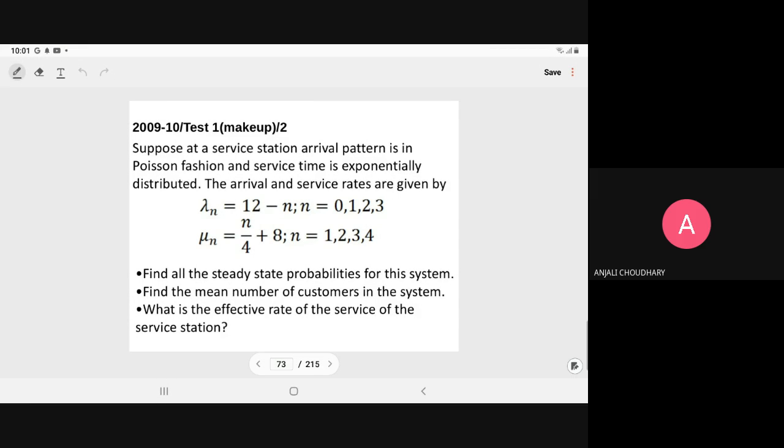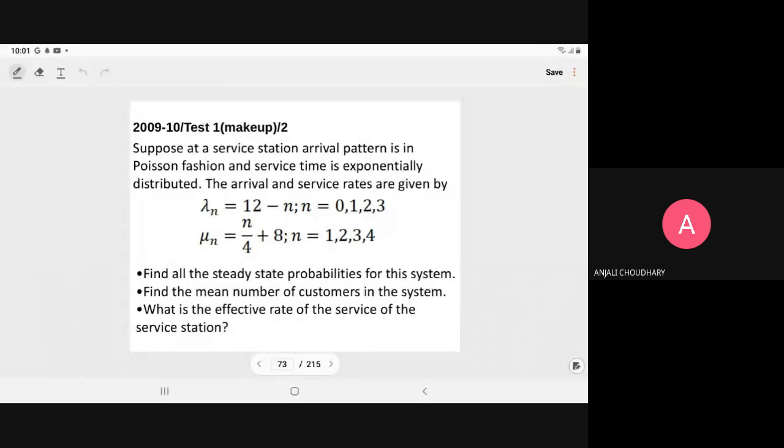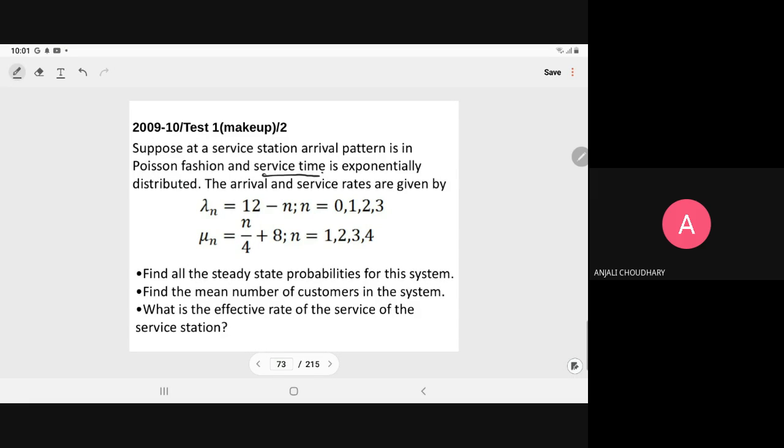Suppose that at a service station the arrival pattern is Poisson and the service time is exponentially distributed. Both the arrival pattern and the service time are given. If the arrival pattern follows the Poisson fashion, this implies that the inter-arrival time follows the exponential distribution.